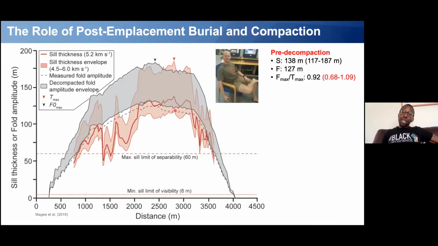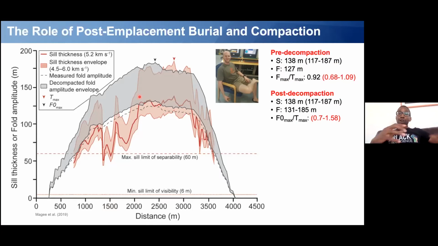The fold amplitude is shown by the gray dashed line in here, and the fold amplitude was around 127 meters. That gave a fold amplitude to sill thickness ratio of about 0.92. So, kind of broadly similar if we were using quite conservative velocities for the sill thickness.